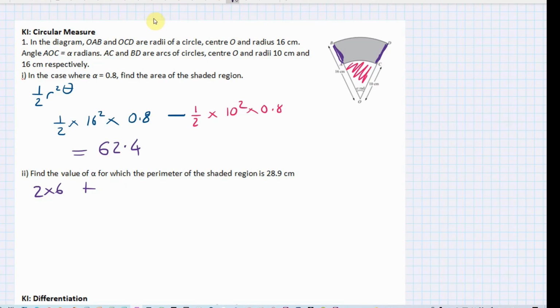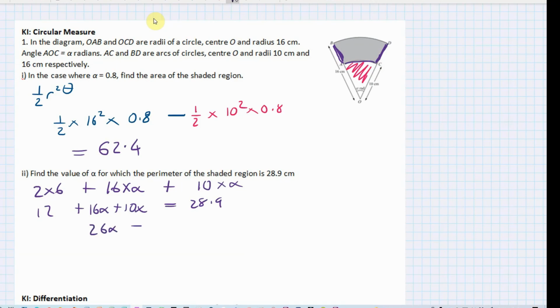So for that one it's going to be 16 times alpha, because we don't know alpha in this case, plus the AC, this bit here, which is going to be 10 times alpha. So we can simplify that to 12 plus 16 alpha plus 10 alpha, and we're told that this is equal to 28.9.